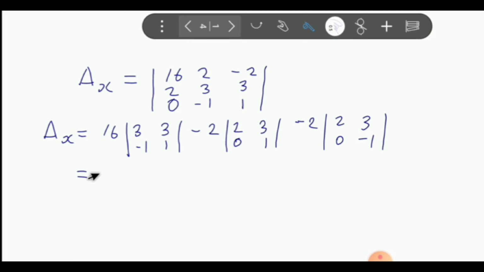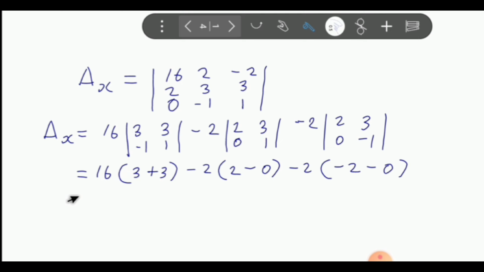So here will be 16, open bracket. 3 times 1, that's 3. 3 times minus 1, that's minus 3. Minus minus is plus, so we say plus 3. Minus 2, open the bracket again. 2 times 1, that's 2. Minus 0, since 3 times 0 is 0. Then minus 2, open the bracket. 2 times minus 1, that's minus 2. 3 times 0, 0, that's minus 0 again. So here will be 16 bracket 6, 3 plus 3 is 6.